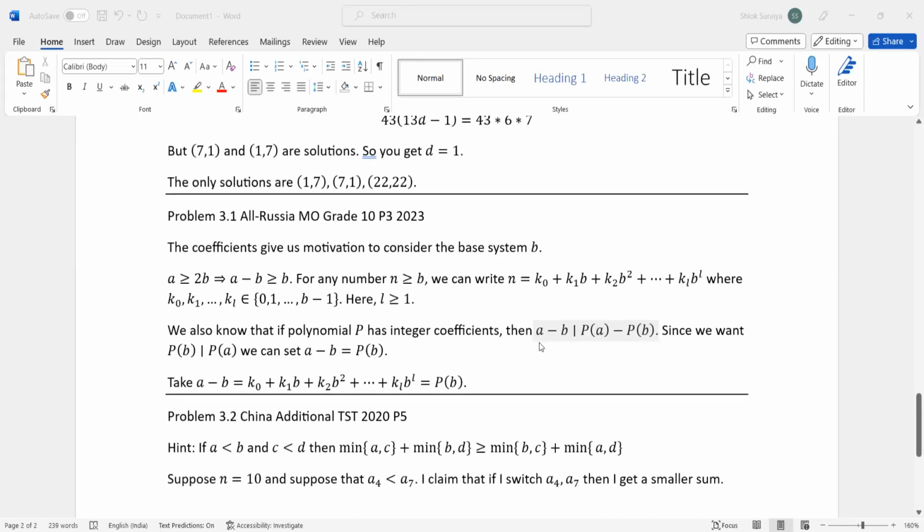Can you re-explain the part where A minus B equals? Okay, so what I've done is basically, see, are you familiar with this property that A minus B divides P of A minus P of B if P has integer coefficients? Ayush?